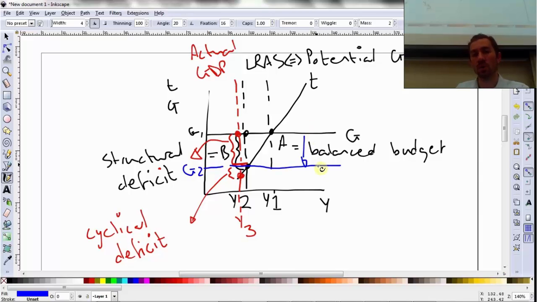If it reduced its spending at potential GDP, it would have no structural deficit. Right? Then, if actual GDP was below potential, for whatever reason, we were in some recession, what would we end up with? Just a cyclical deficit, just this little component here.